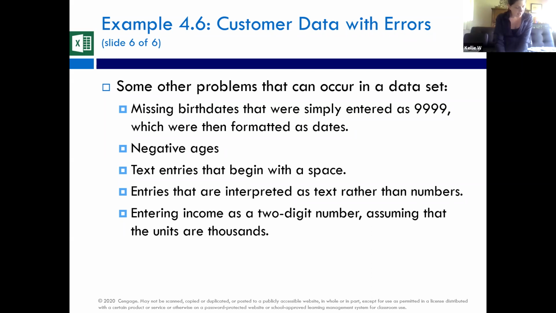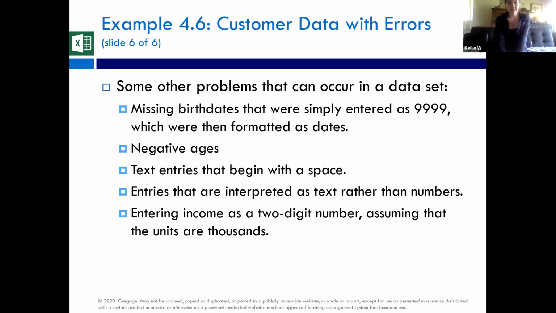That means the original source of the data didn't have the birth date information, so they used the code 9999, a standard code for a missing value.